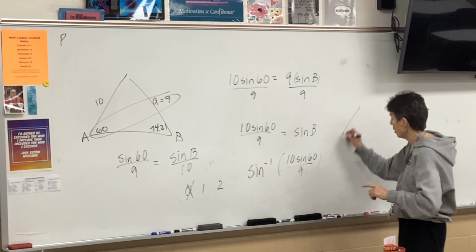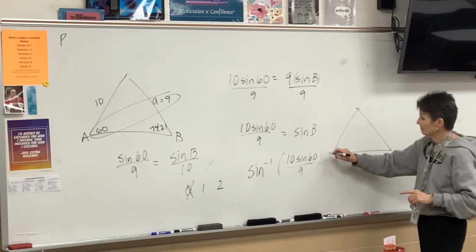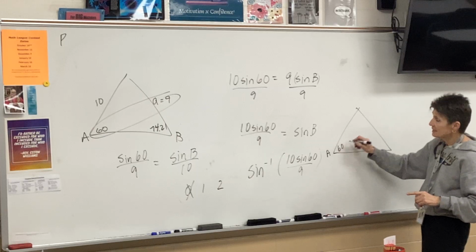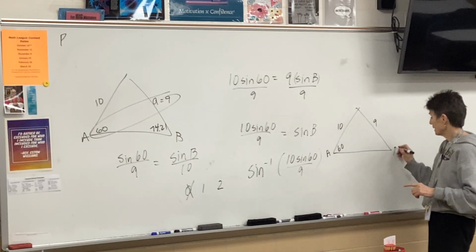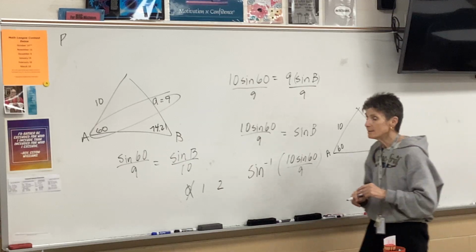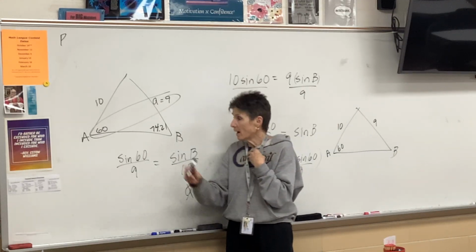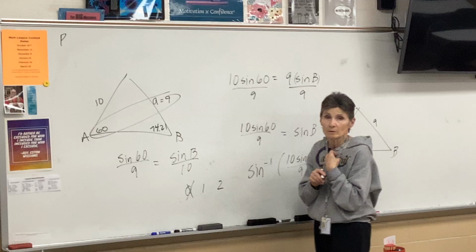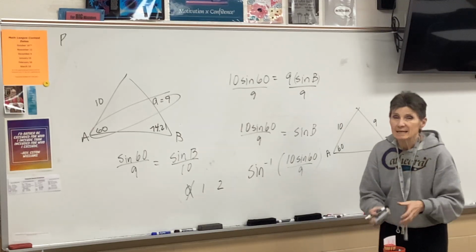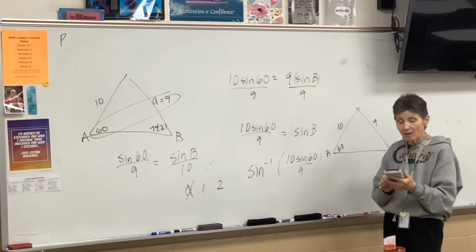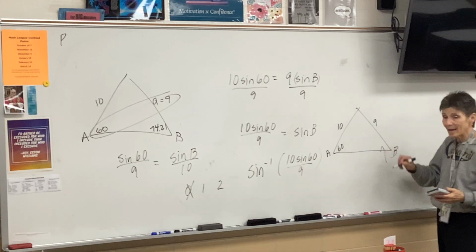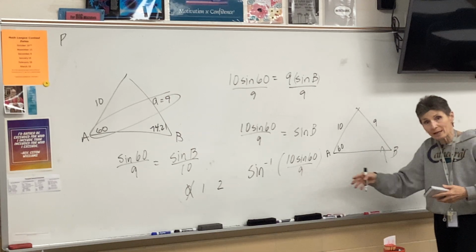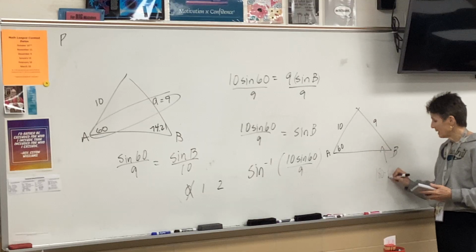So then you draw the triangle again, putting the 60 and the 9 and the 10, and you ask yourself, okay, the first angle B I got was 74.2. If there is another triangle, this new angle B, the other possible angle B, will be 180 minus the first one.